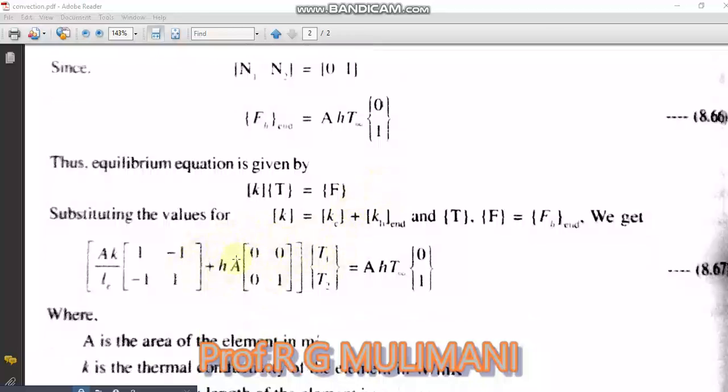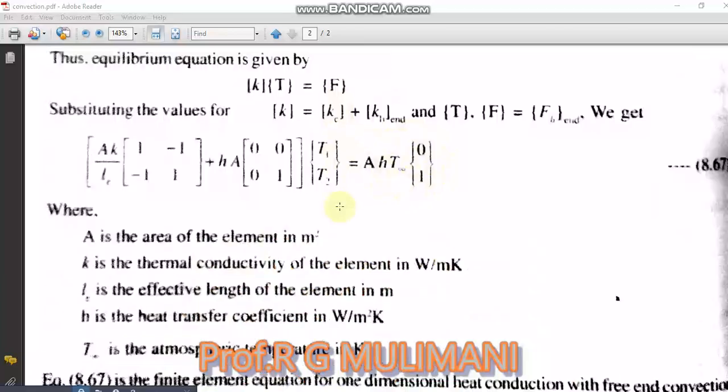Now to find the nodal temperatures, this equilibrium equation can be considered, where K is the stiffness matrix, T is the nodal temperatures, that is T1 and T2, and F is the force vector considering the convection heat transfer. Okay, thank you.